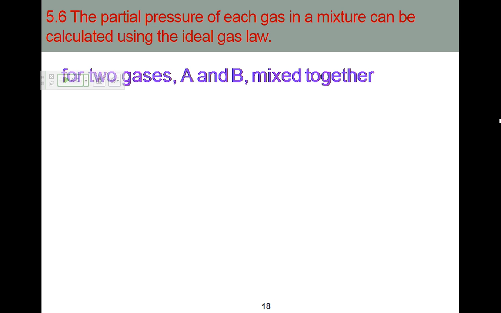So let's look at some equations, but it's really just PV equals nRT. So for 2 gases that mix together, A and B, the pressure of A is going to be equal to moles of A times R, T, over V. And remember, V and T are the same for everything in the mixture. So the only thing that's different is the amount of moles and therefore the pressure.